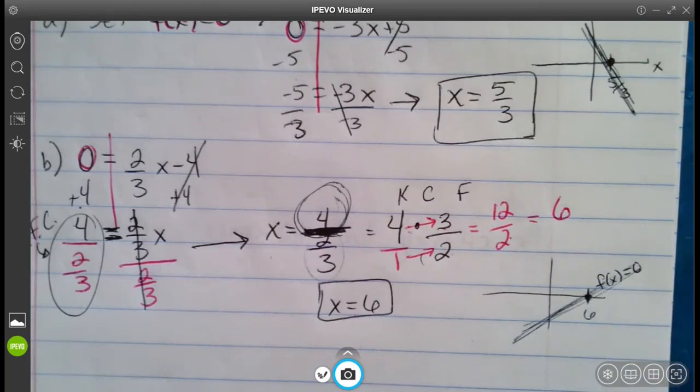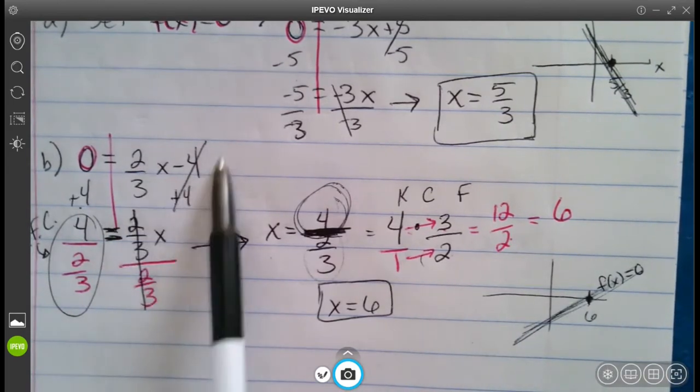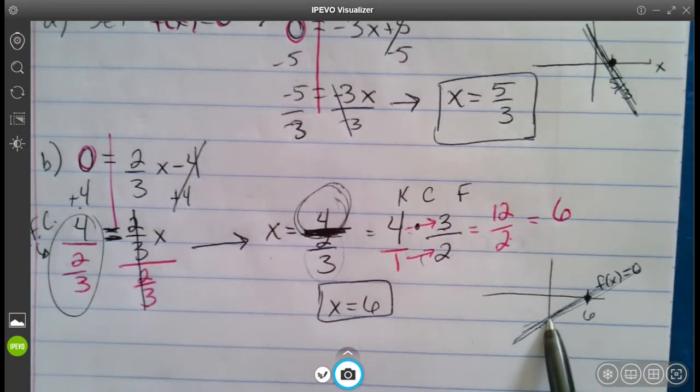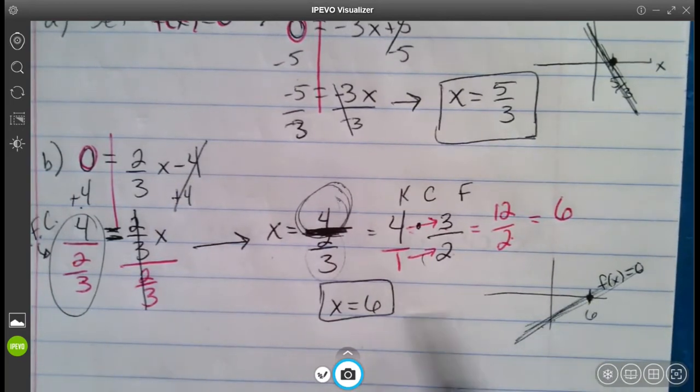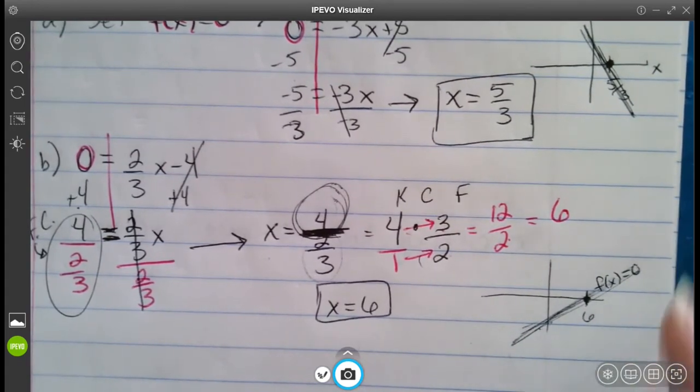Okay. If you're not sure where I'm getting these lines from, guys, I'm using my slope and my y-intercept. So the y-intercept is -4. So I know it's somewhere down here. And I know that this is a point because I just found it, 6, yeah? So the line has to go through those 2 points. Okay? This is just kind of extra though.